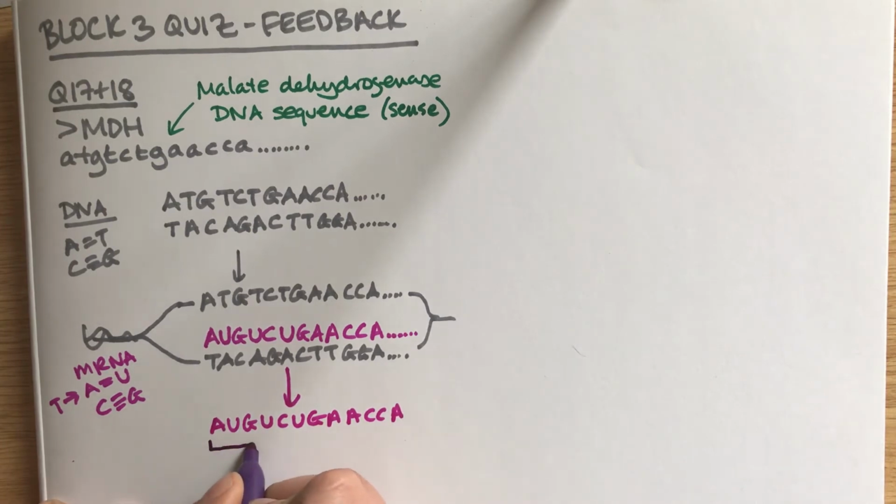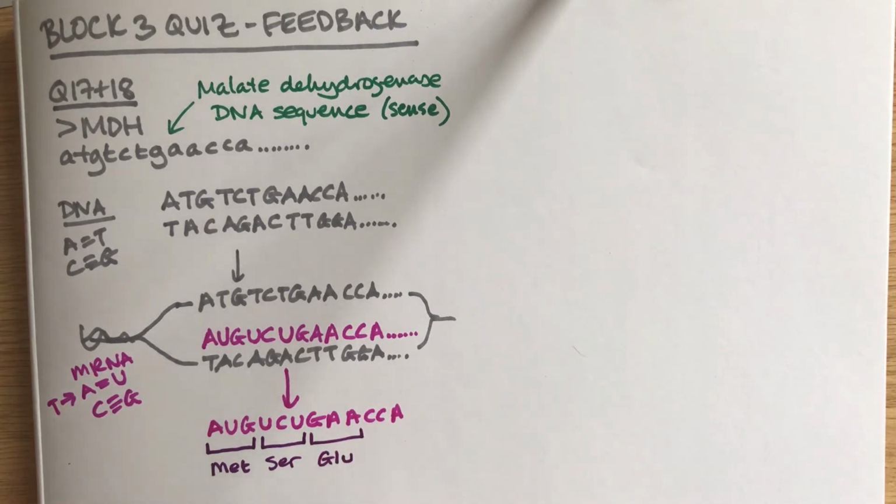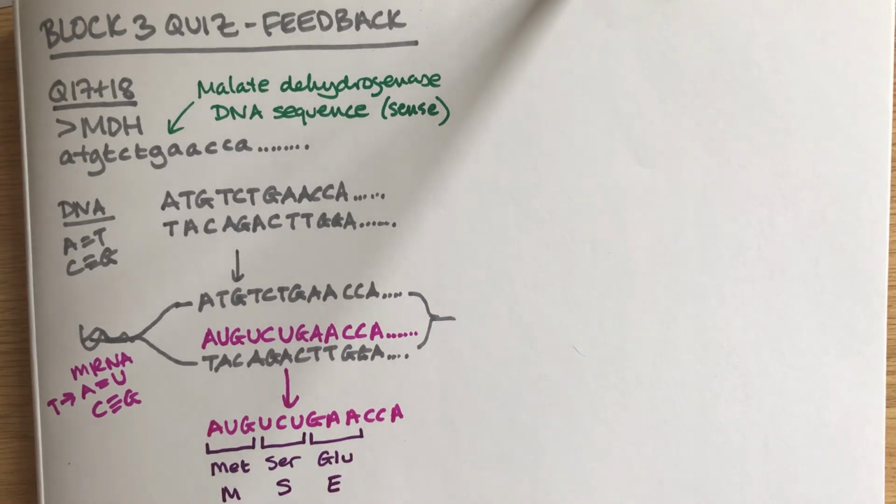So AUG gives us the amino acid methionine. UCU gives you the amino acid serine. GAA gives you the amino acid glutamate. But we asked for the single amino acid code, so the answer should have been MSE. So that was the correct answer.